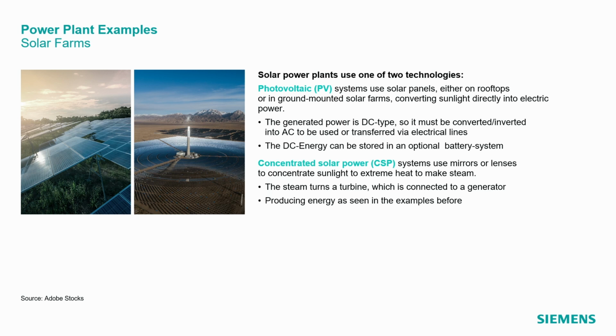But DC is worthless for coffee machines, ovens and so on. It must be converted from DC into AC with a DC-AC converter to be used directly in the household when the PV is installed on the house, roof or balcony. Or when it is intended to be used at other places far away, it must be stepped up using an AC transformer like we saw in the examples before.